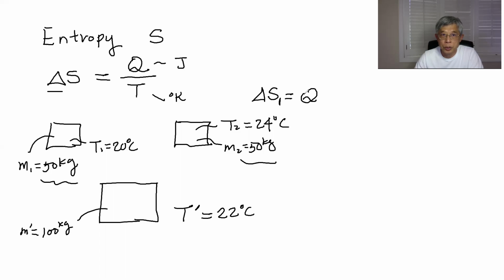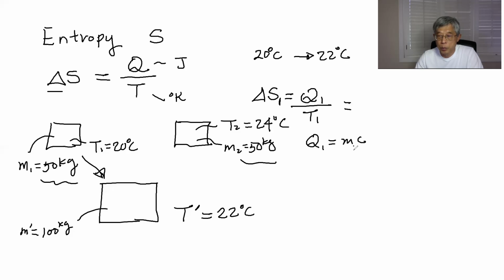It's equal to Q1 divided by T1. We have 20 degrees C, and then it becomes 22 degrees C. So what's Q1?